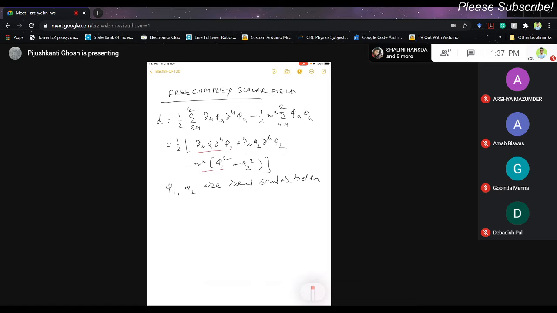del mu phi 2 minus m square phi 2 square, then you see this is like you have a one dimensional harmonic oscillator, p square by 2m plus half kx square, and then if you go to the two-dimensional isotropic one, the mass is same and the angular frequency is same, so you get px square by 2m plus half m omega square x square.